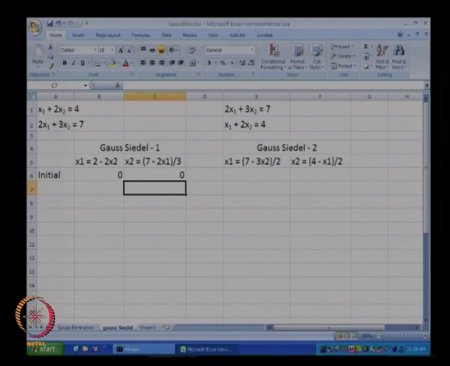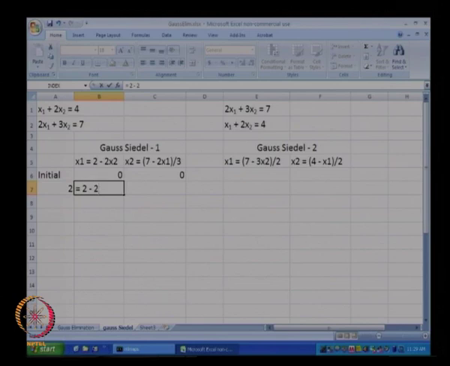Because it is the Gauss-Seidel method, at the second iteration our x1 value is going to be equal to 2 minus 2 multiplied by the x2 value from the previous iteration. That is how we do the Gauss-Seidel method, because in the Gauss-Seidel method the newest values are used in order to compute the next value of x1 or x2.